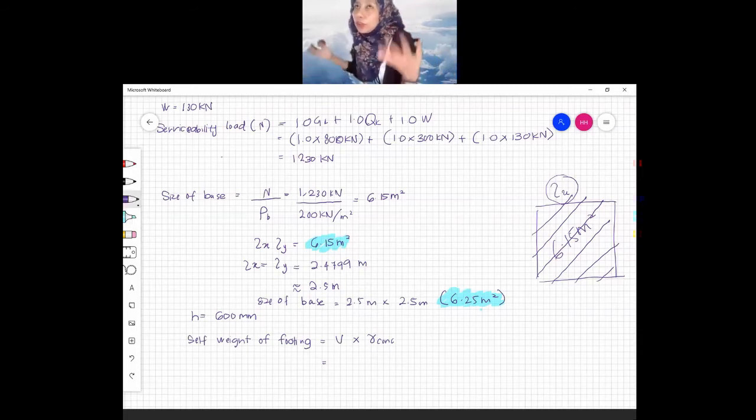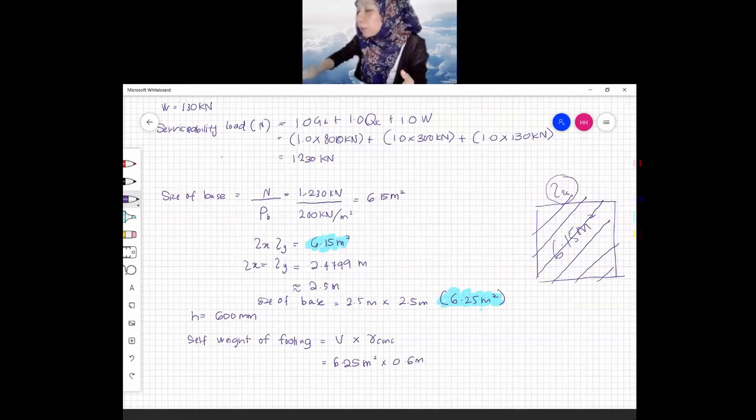So V is the volume of your foundation, so you calculate it from the area: 2.5 times 2.5 times 0.6 meter, which is the height. Convert the height to meter, because you want to multiply with the unit weight of concrete, which is 24 kilonewton per meter cubed. I get 90.